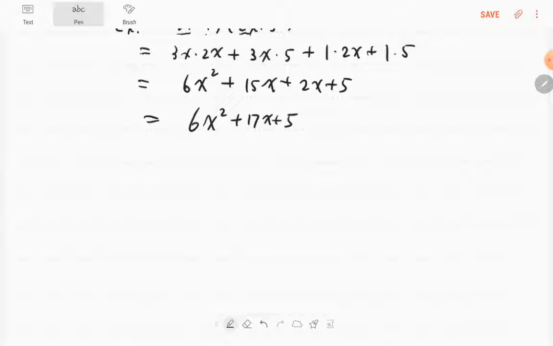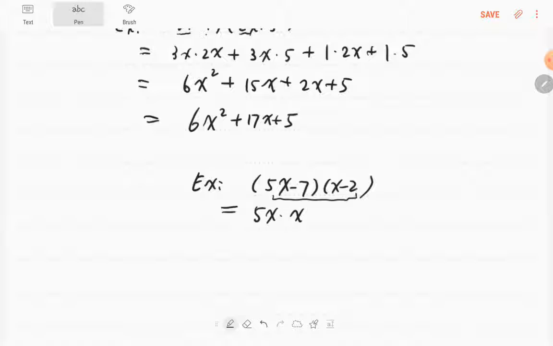So we could try another example together. This time, we start with F first. So first will be 5x times x. Then we should work on the outer, right?